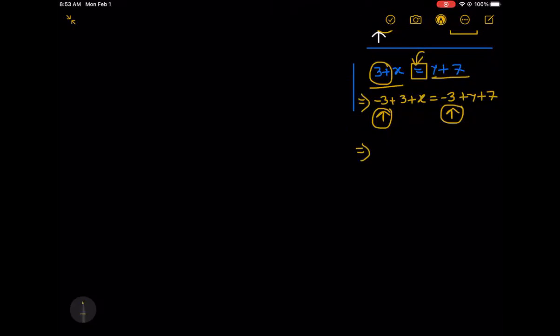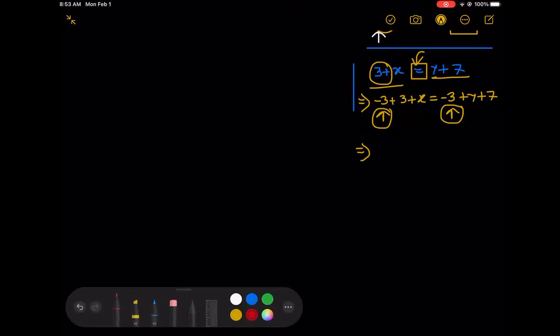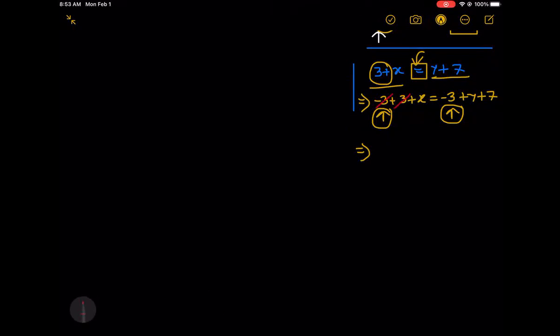Now, this -3 and +3 will nullify each other. You can clearly see this will cancel each other, right? Finally, we'll have this x on the left, and on the right, we'll have y, and this -3 + 7 will give us a +4. So now we have an isolated x. That means whenever we have an equation like this with plus or minus, we can actually use the additive reciprocal, or inverse, I should say.